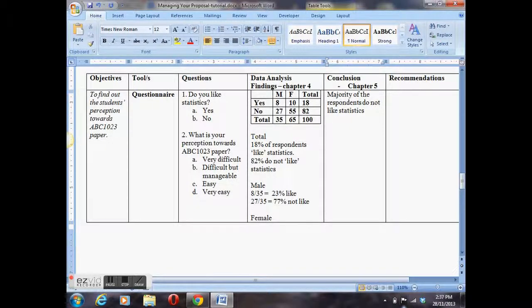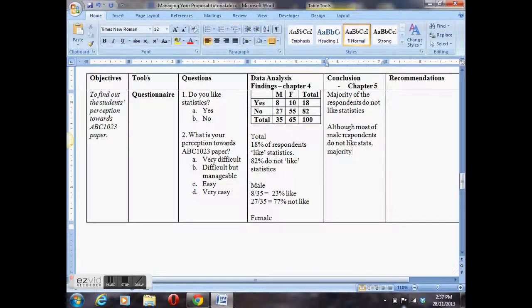you can have another conclusion. Although most of male respondents do not like statistics, majority of, or most, more than half, majority, 3/4, you can use those terms depending on the number.